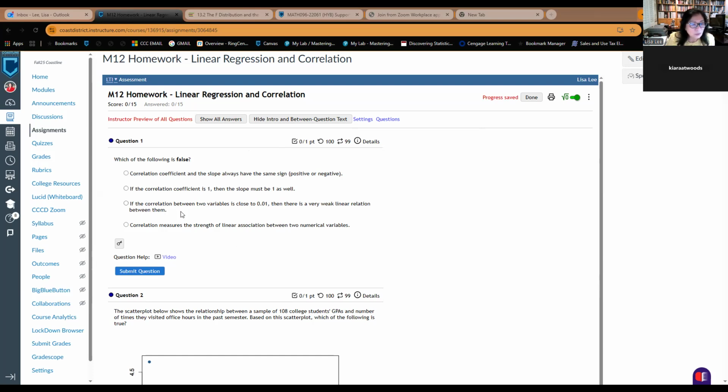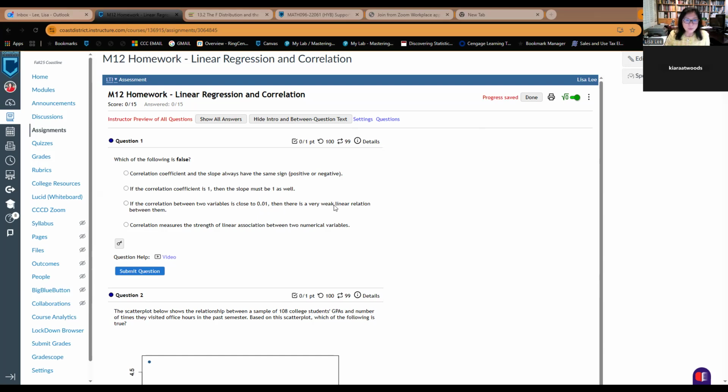Number three: if the correlation between the two variables is close to 0.01, then there is a very weak linear relation. Is that correct? Because the number is so small, 0.01, and r is supposed to be between -1 and 1, the closer to 0, the less correlation.